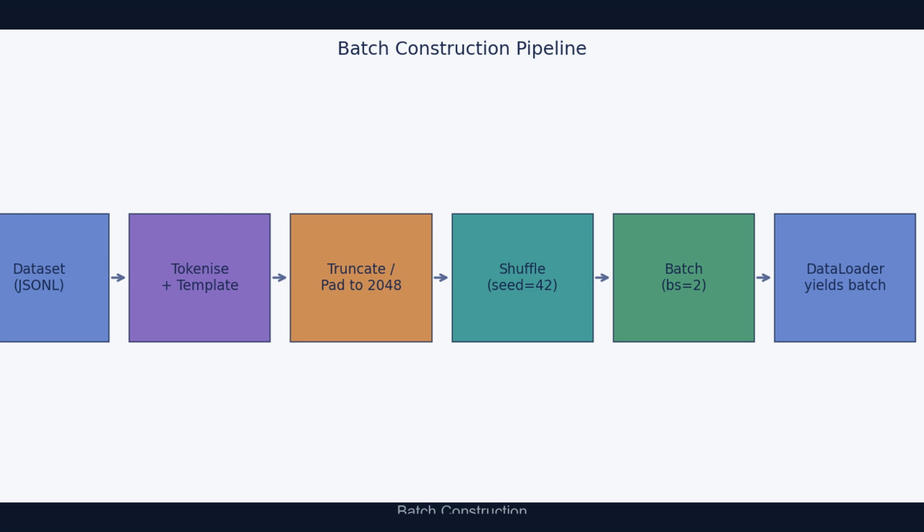The dataset then gets shuffled with a fixed seed, 42 in this example, so results are reproducible across runs while still randomizing the order the model sees examples. The DataLoader groups the shuffled tokenized examples into batches of 2 and yields them one batch at a time to the training loop. Each stage in this pipeline is deterministic given the same seed, which means you can reproduce any training run exactly by keeping the seed fixed.